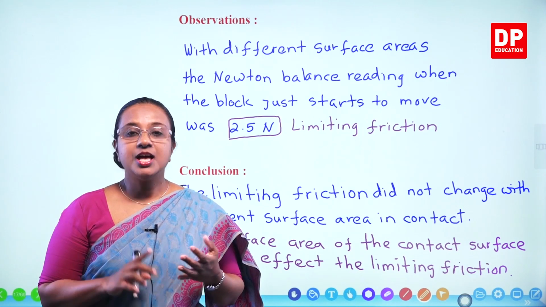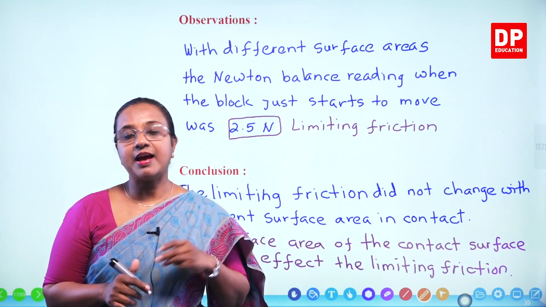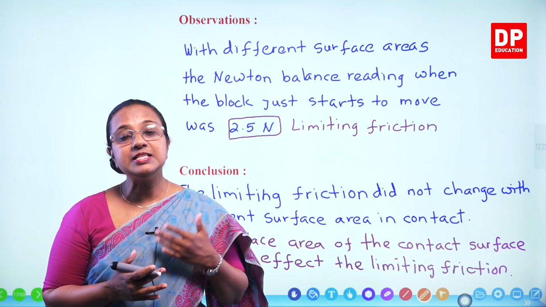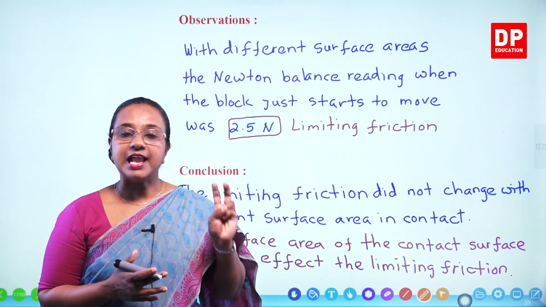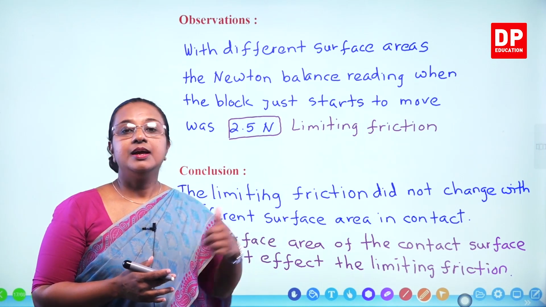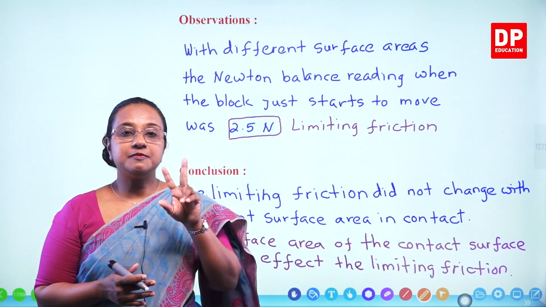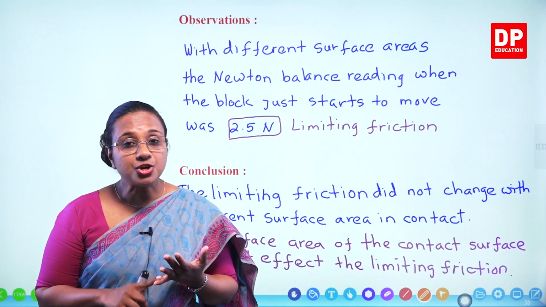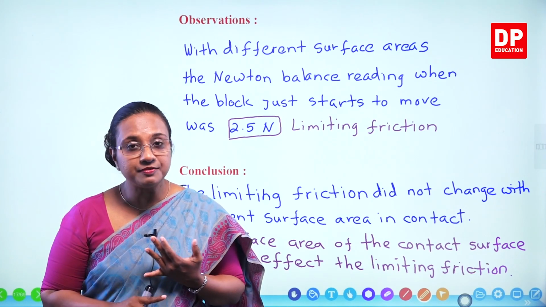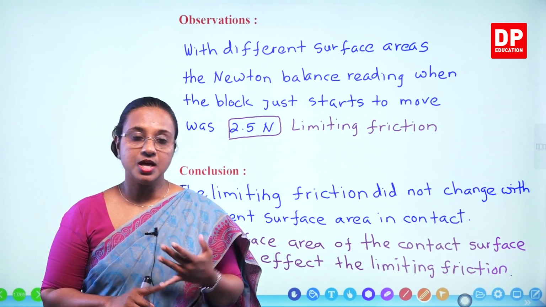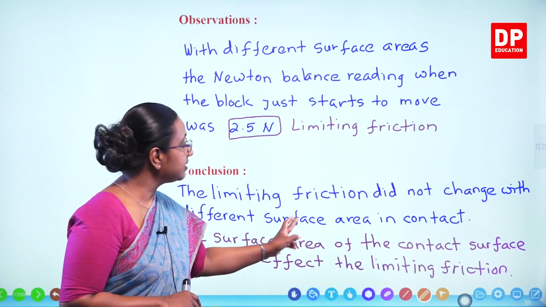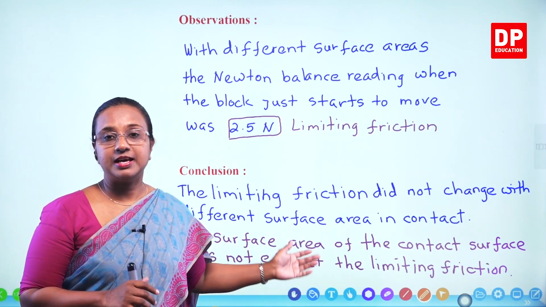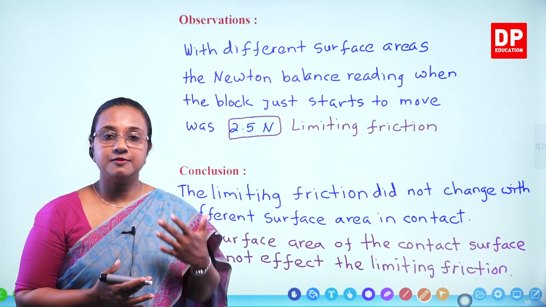So students, we discussed 3 factors that can possibly affect the limiting frictional force. And out of those, we investigated the first 2 factors. And out of the 2, the nature of the surface area affects the limiting frictional force, but the surface area of the contact surface does not affect the limiting frictional force.